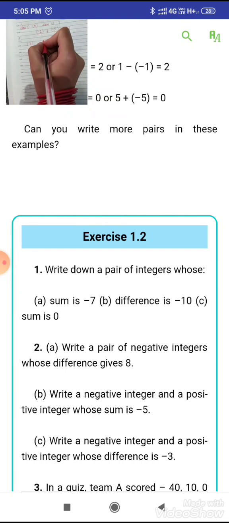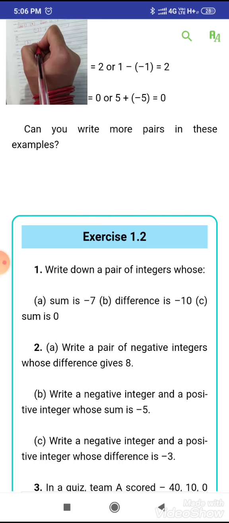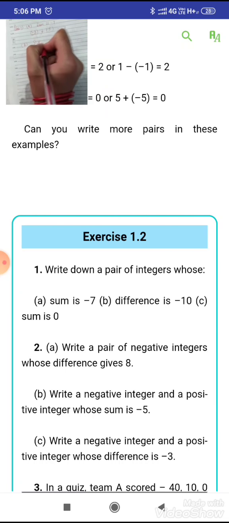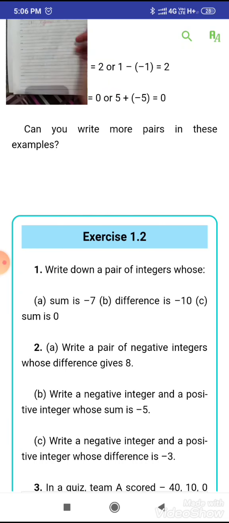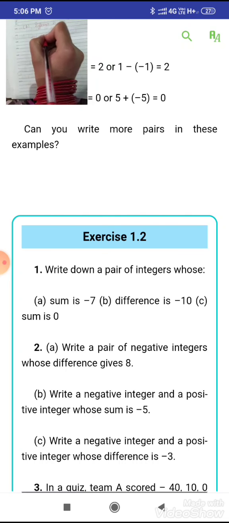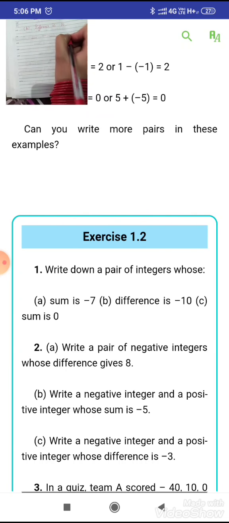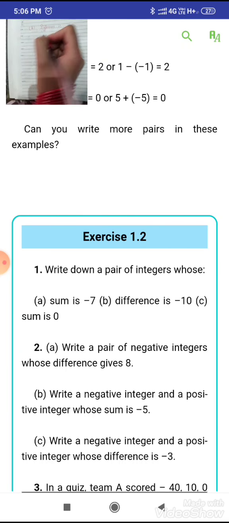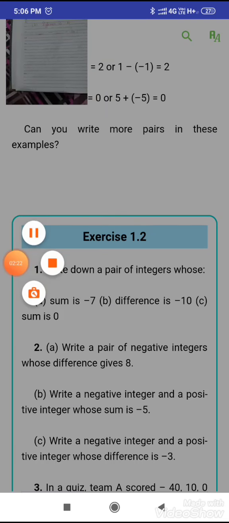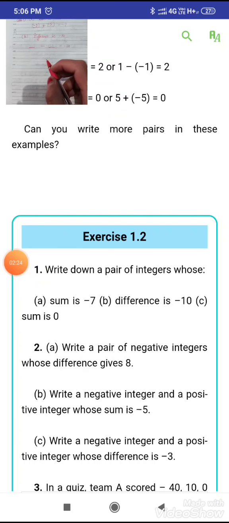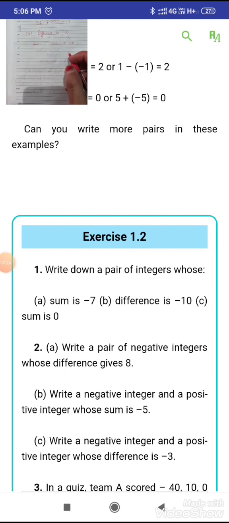Part B, difference is minus 10. Now we have to write two numbers whose difference is minus 10. Think about numbers whose difference is minus 10.